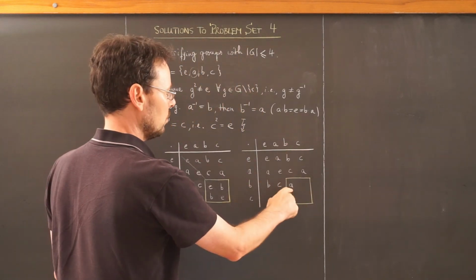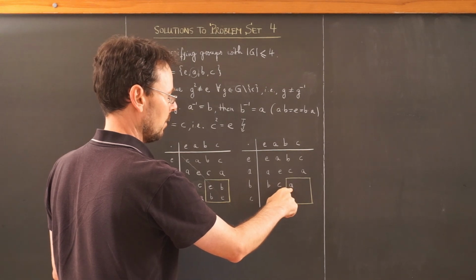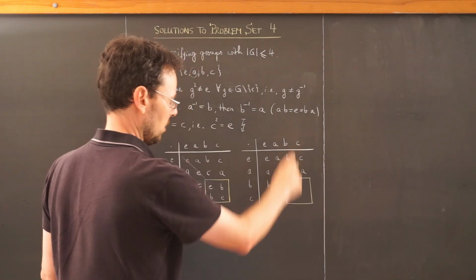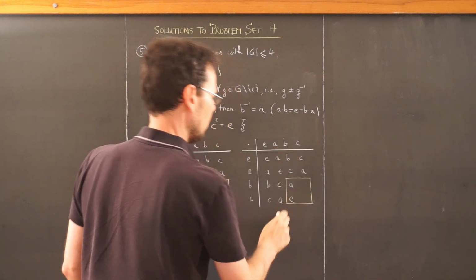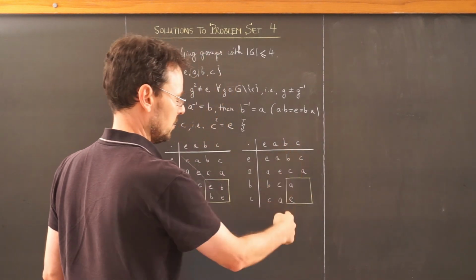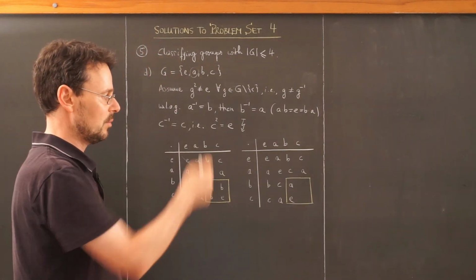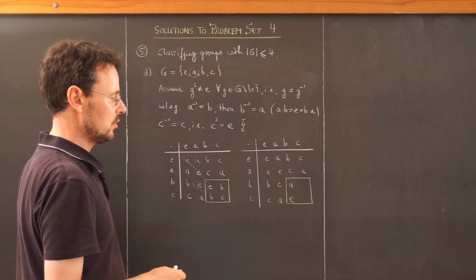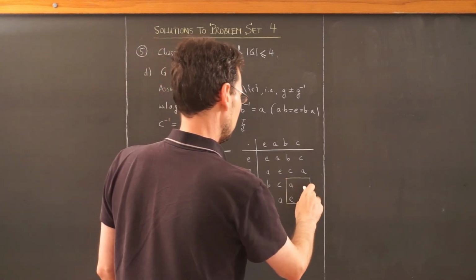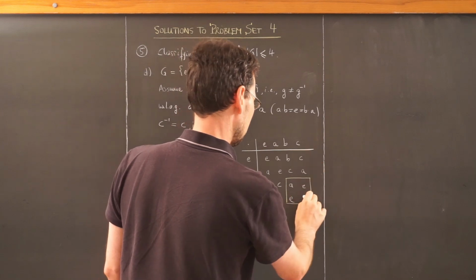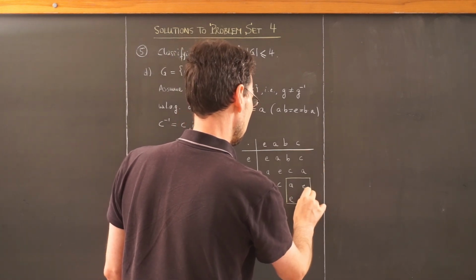B times B could also be A. Then here I must have the identity, because this is missing here. Remember, each element must appear exactly once in each row and each column. And here we also must have the identity, and this leaves me with B here.